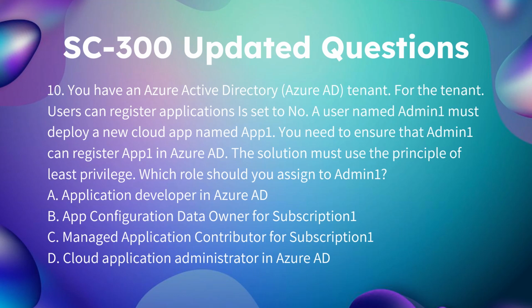Which role should you assign to admin1? A. Application Developer in Azure AD. B. App Configuration Data Owner for subscription 1. C. Managed Application Contributor for subscription 1. D. Cloud Application Administrator in Azure AD.